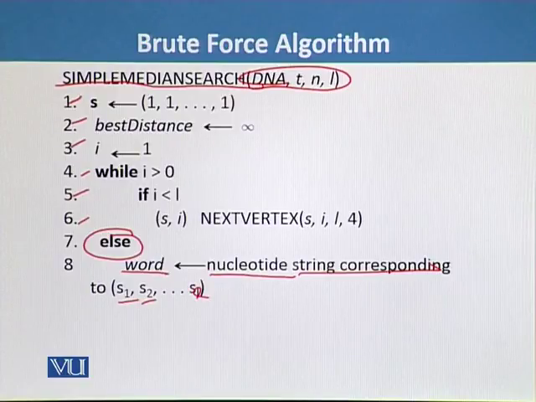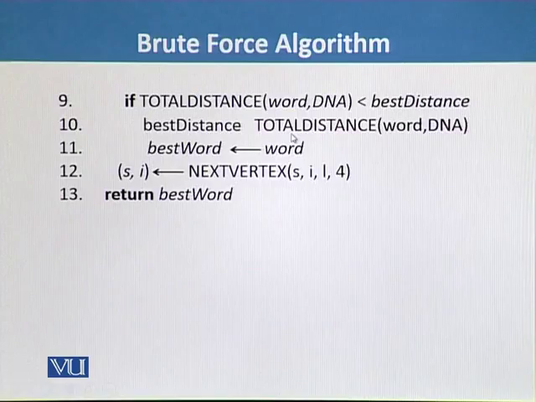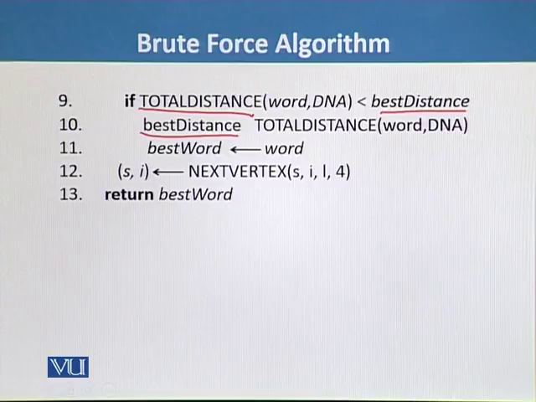So we assign this word up to the maximum of SL. The next step is to calculate the total distance, and if it is less than best distance, then it will be the best distance, and if it is not, we will go further and the next vertex leaf algorithm will be applied and we will get the best word score.